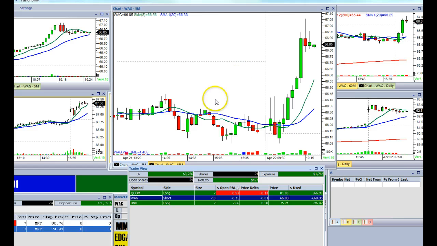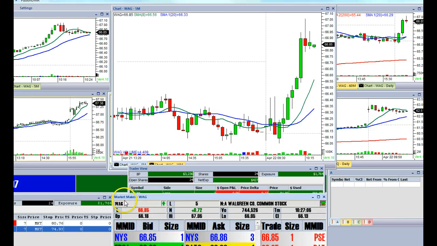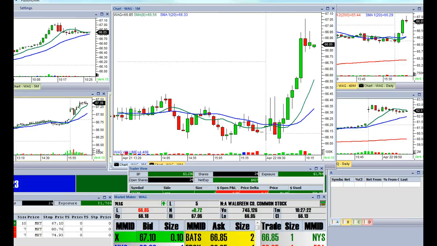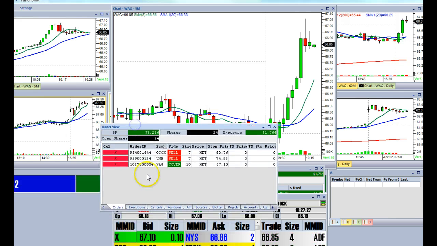So I'm going to set my stop on this at 67.10. You're not really going to see that on this chart, but you can see it here.